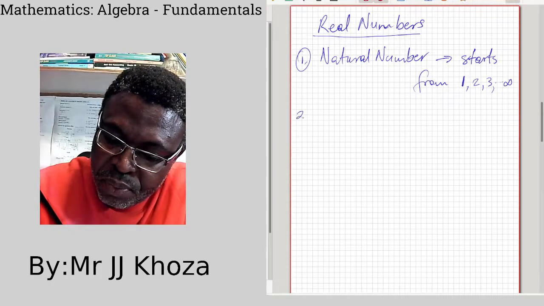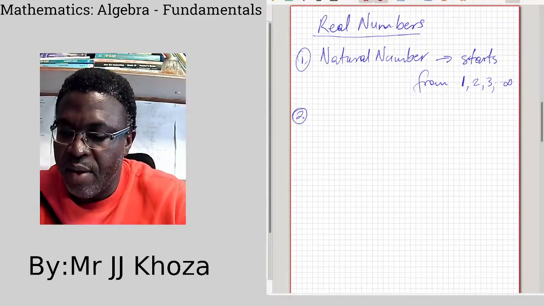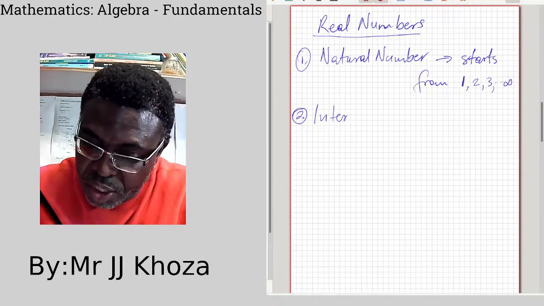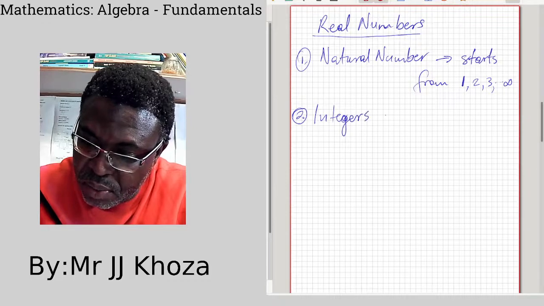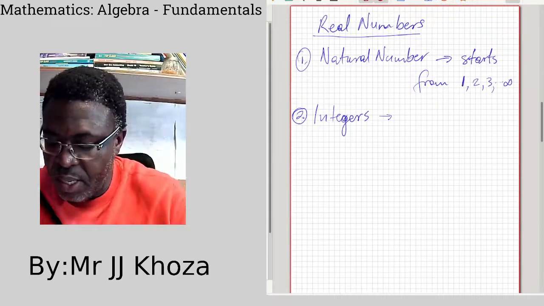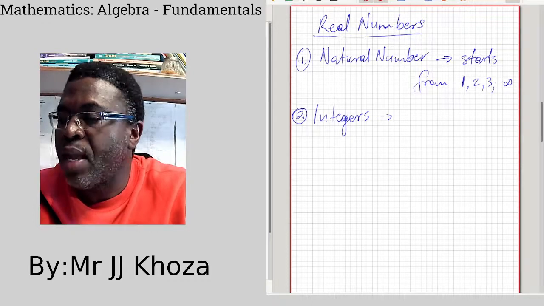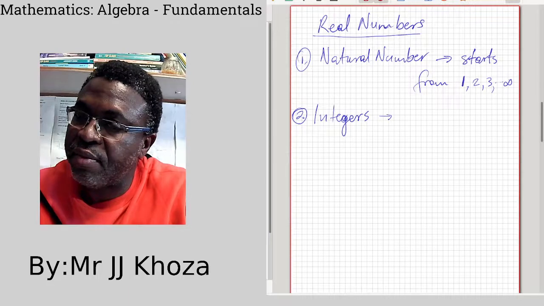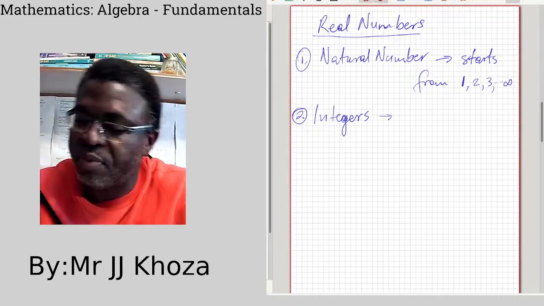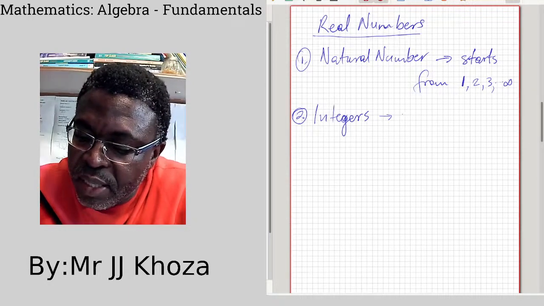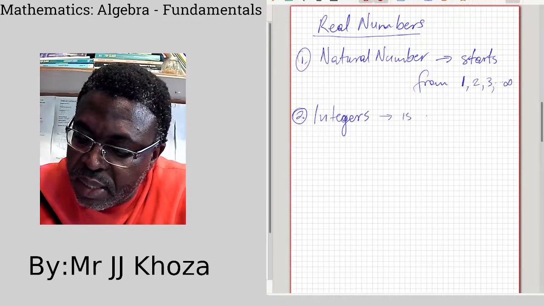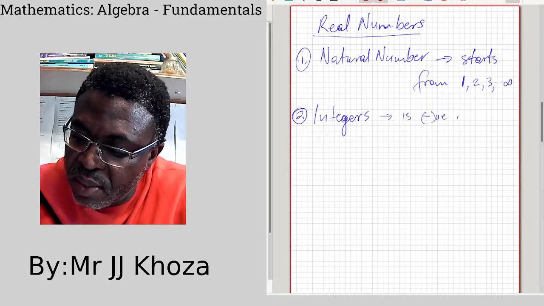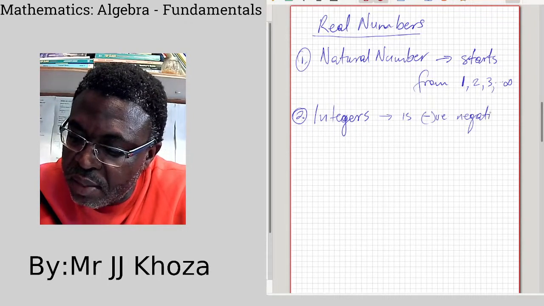Two, we have integers. Integers include numbers that are negative, 0, and positive. We write negative like this.